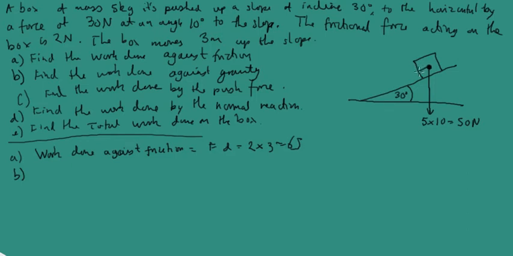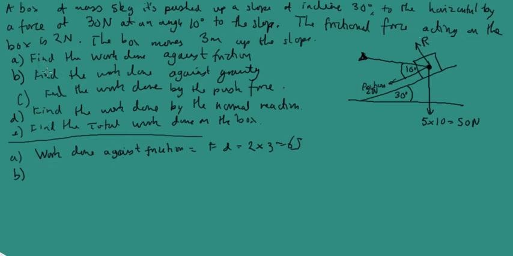Now we've got our friction, 2 newtons, and it's parallel to the slope. Now we have this push force, and the push force is in that direction, but there's 10 degrees, it's not to scale, to the slope. The normal reaction is perpendicular to the slope, that's R.